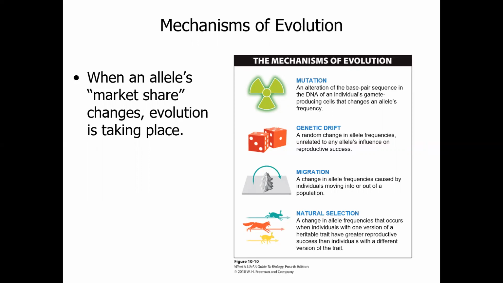All that means is the frequency changes. So does the frequency of an allele go up, or does it go down? If it goes in either direction, doesn't matter if it's increasing or decreasing, that is evolution. So the 4 ways that this happens are mutation, genetic drift, migration, and natural selection. And we will go through each in turn.